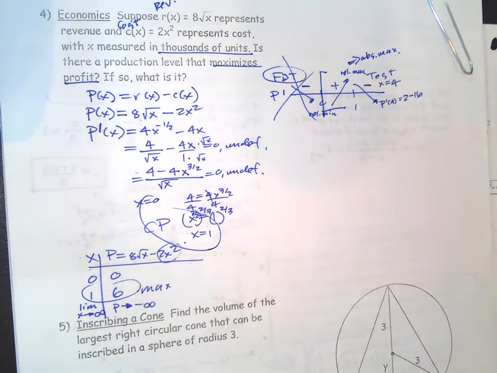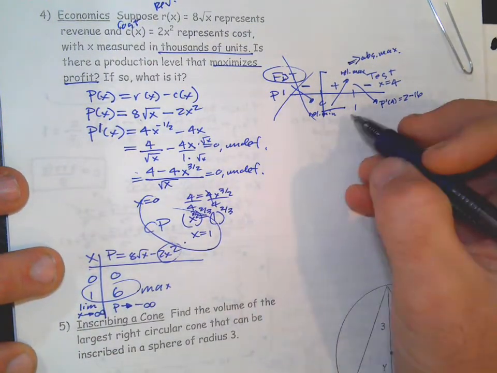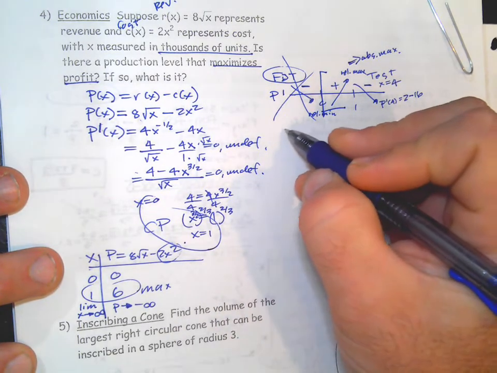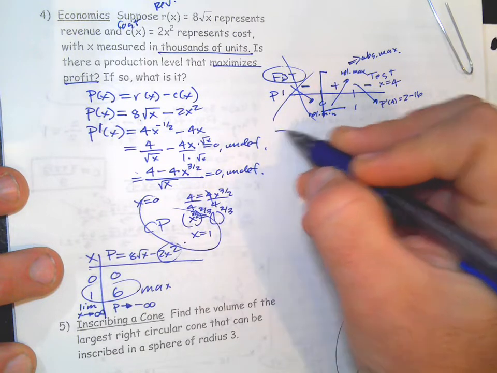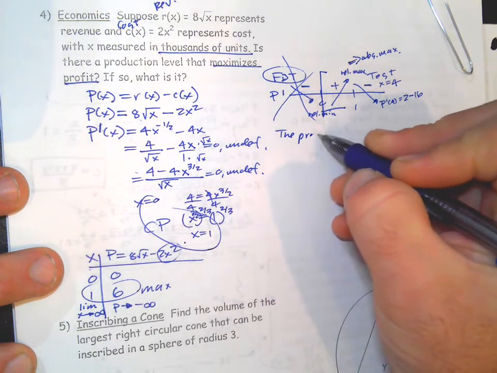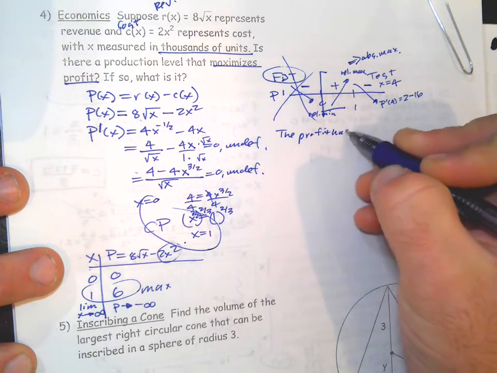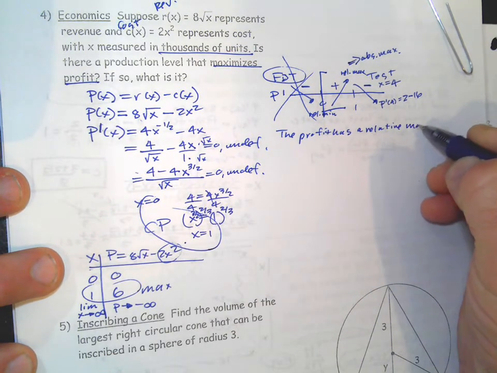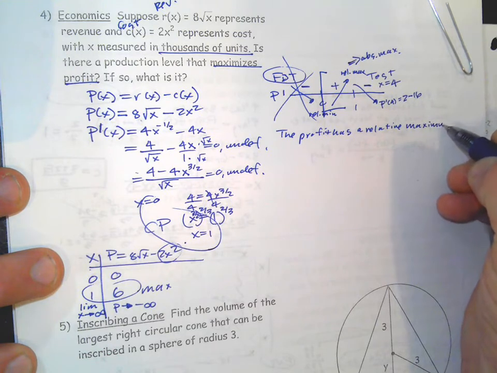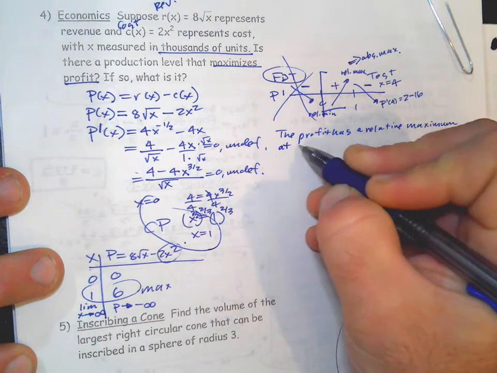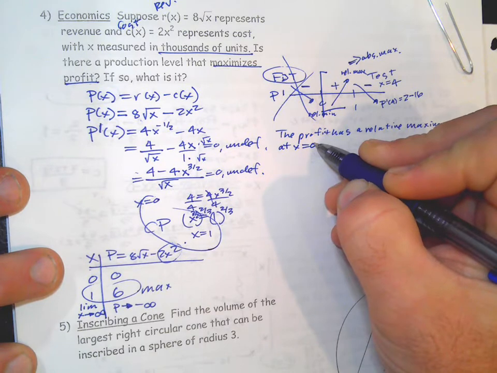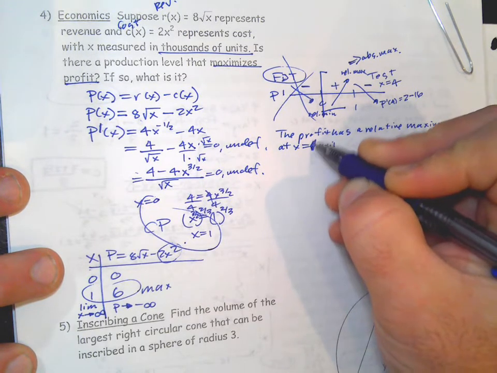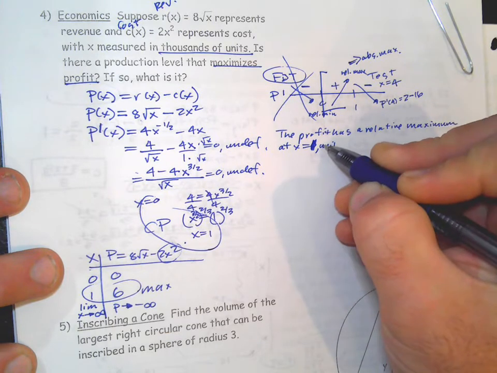But the way you defend this answer is you can say, well, the profit has a relative maximum at x equals 1,000 units, right?